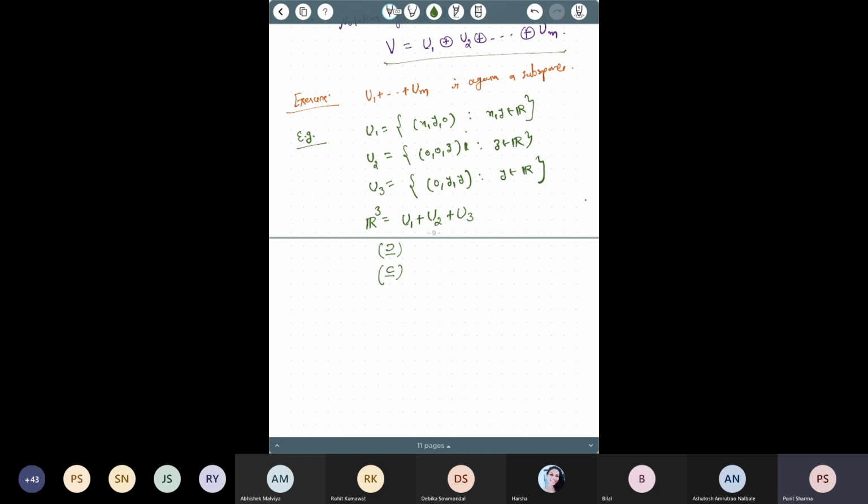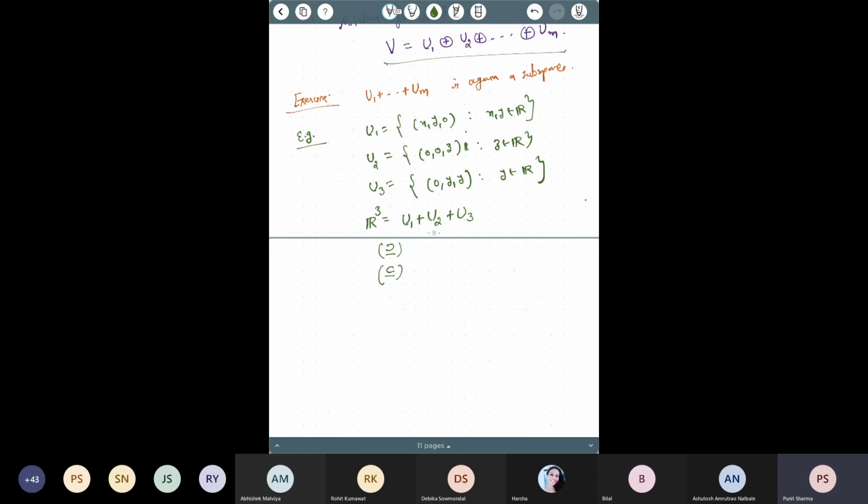So the first inclusion is very straightforward: u1 plus u2 plus u3 is a subset of R3. In order to show that R3 is also a subset of u1 plus u2 plus u3, you take any element in R3 and show that it is there in u1 plus u2 plus u3.